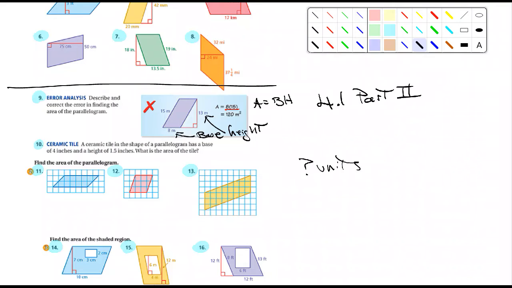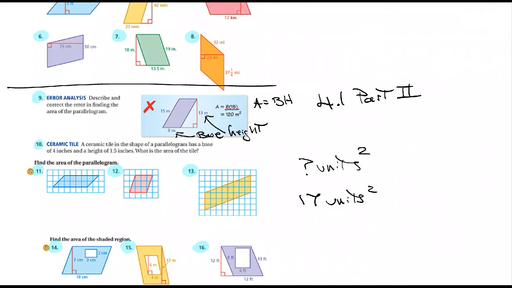No. Miss Ryan, 20 points. 30 points, Miss Harley. Squared, something units squared. That's just how you would write it down. If the answer is 17, you would put 17 units squared. Okay, that's for numbers 11, 12, and 13.